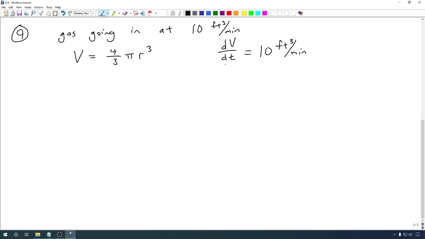We're differentiating with respect to time, this other variable t. So both volume and radius have to be treated as functions of t, even though t doesn't actually appear in this formula right away. So we're going to differentiate both sides of this with respect to t.